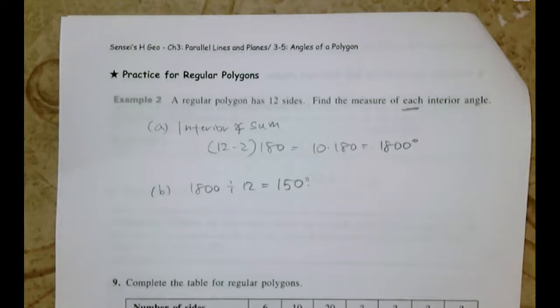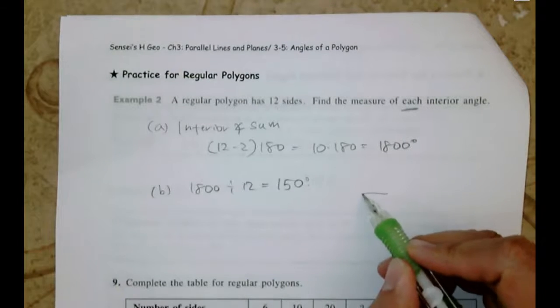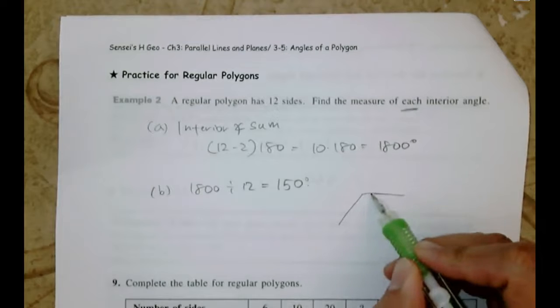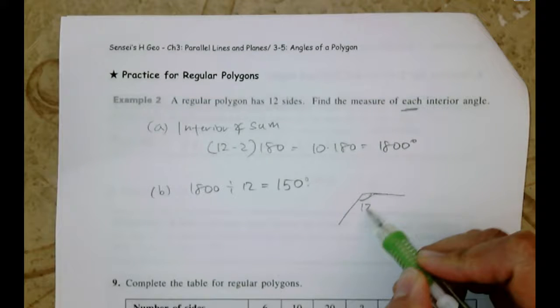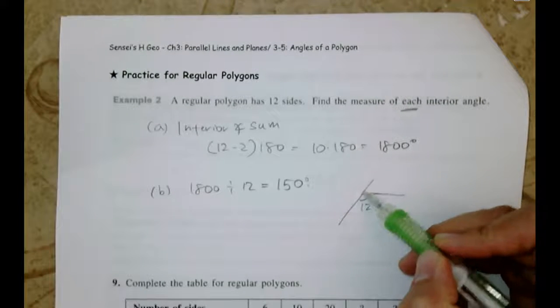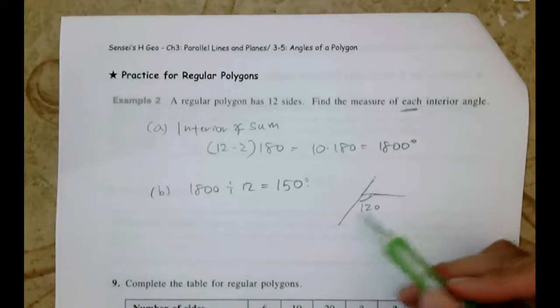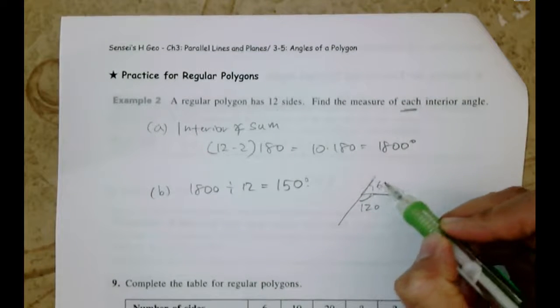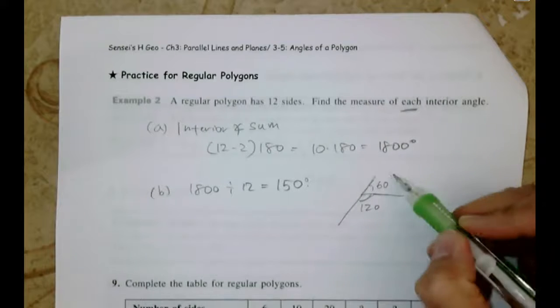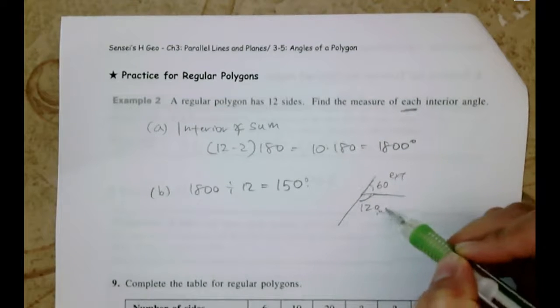Okay. So just think about it. Let's just say this is one of the interior angles of the dodecagon, that's 120, right? So what's the exterior angle? That's a straight line, that's 120, so it's got to be 60, right? 60 degrees the exterior angle. This is the interior angle.